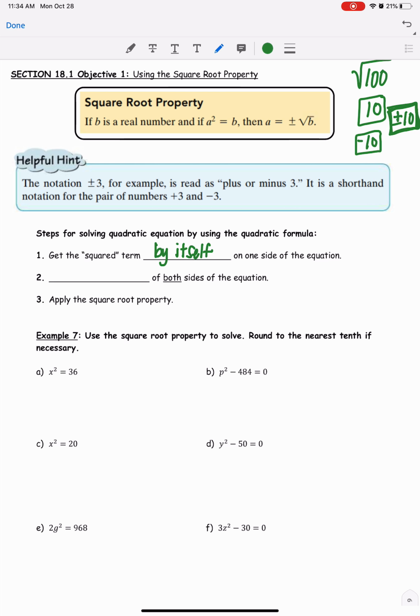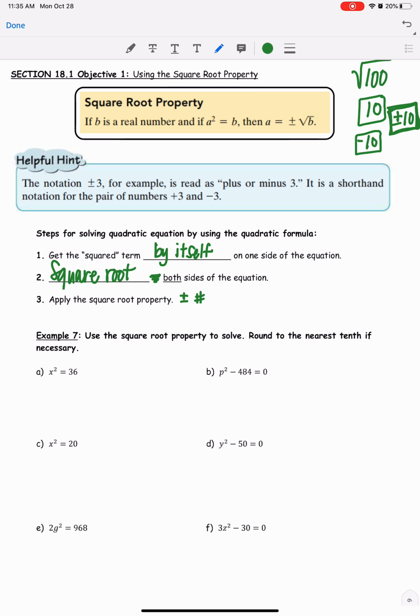Once you do that, the opposite of squared is square root. So we are going to square root both sides of the equation, and then you are going to apply the square root property, which says you have plus or minus the answer.